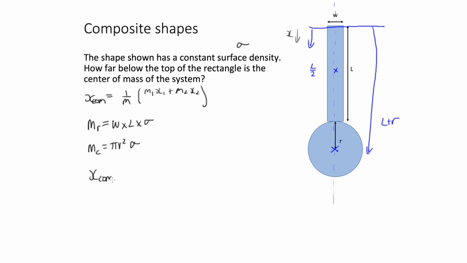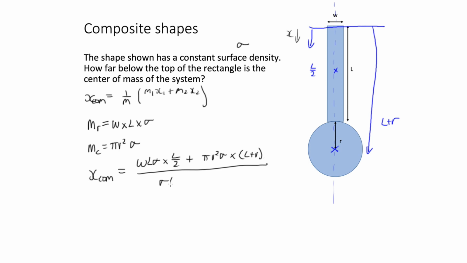So the center of mass is at M1, which is WL sigma, times X1, which we said was L on 2. And then M2, that's pi r squared sigma, times X2, which we said was L plus R, divided by the total mass. So the total mass is the mass of the rectangle plus the mass of the circle.